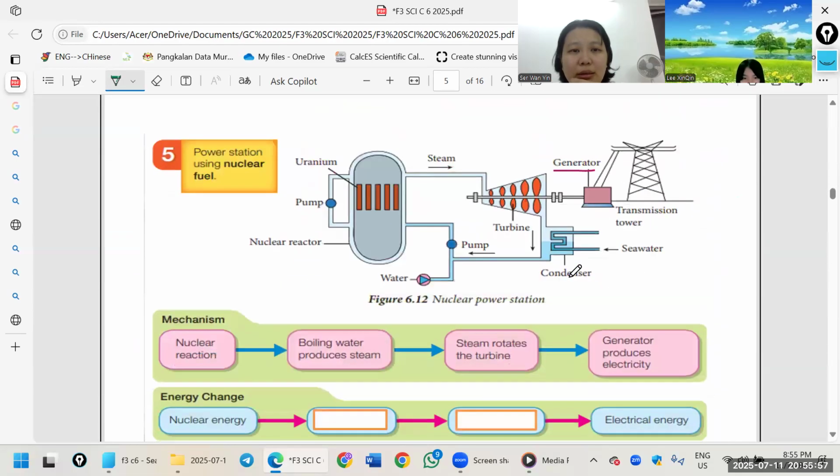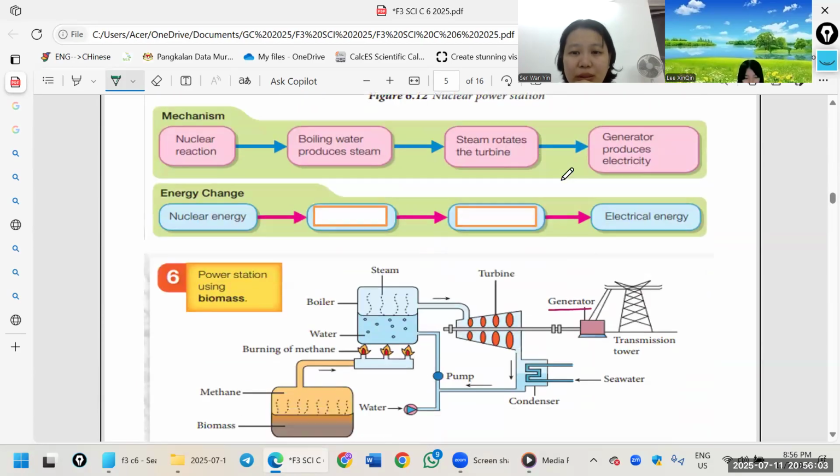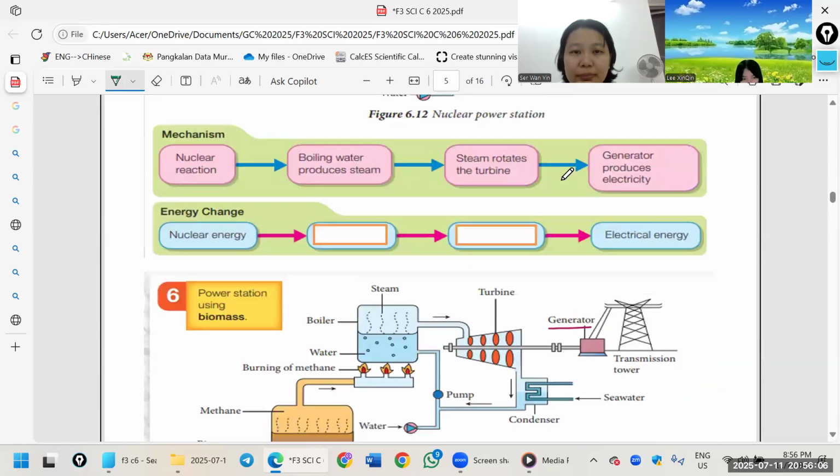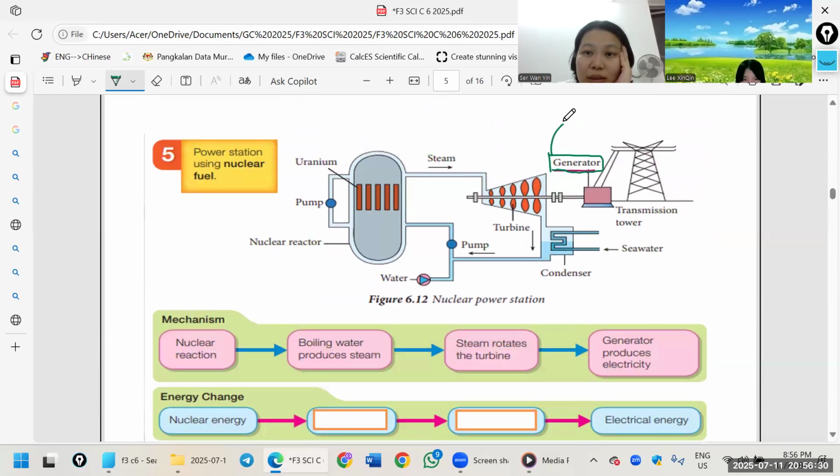Okay, then next we look at nuclear, which is page 5. Same thing, let's look at the generator first. Shabini, what's in the generator? Magnet. Yeah, and wire coil.